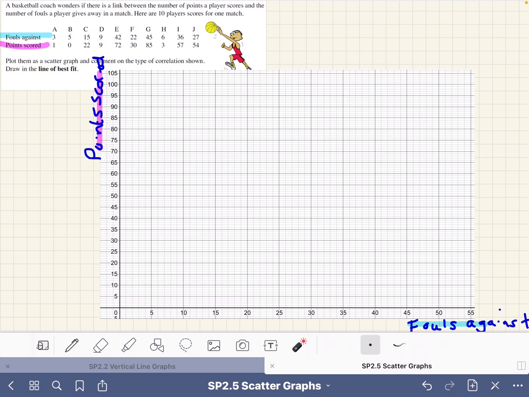So for A, I have 3 fouls against and 1 point. That would mean I would be plotting a point here. The next player, 5 fouls against, 0 points.